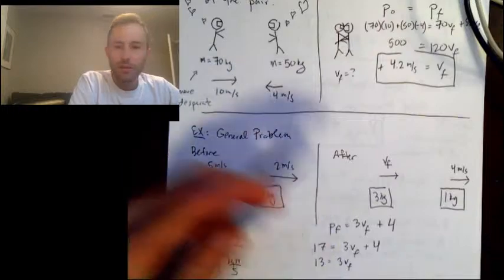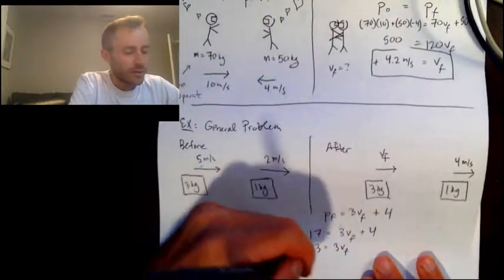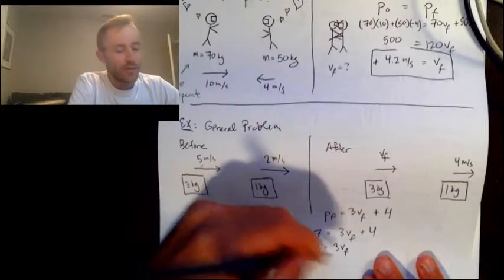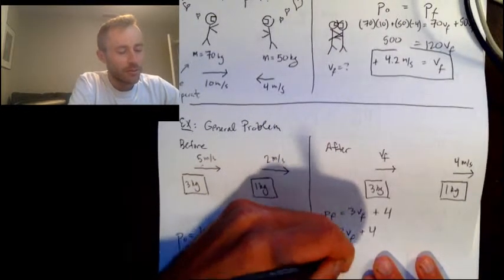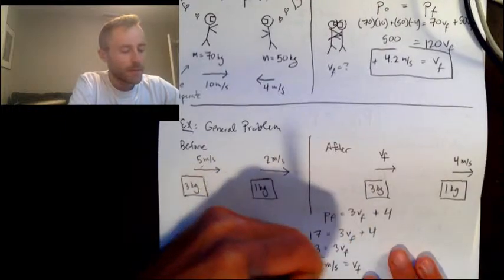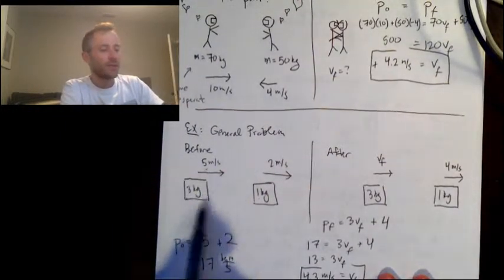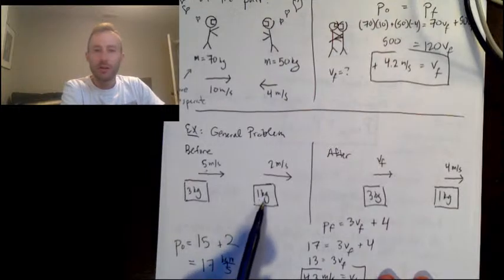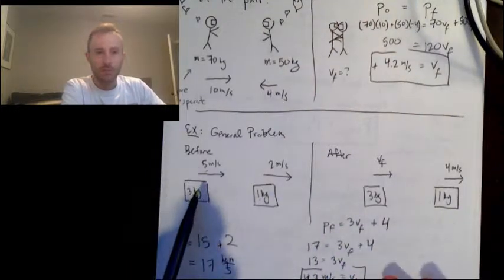And then divide both sides by 3. And we get that v final equals 4.3 meters per second. So it's as I said, as a result of the collision, the 1 kilogram sped up and the 3 kilogram one slowed down. All right.